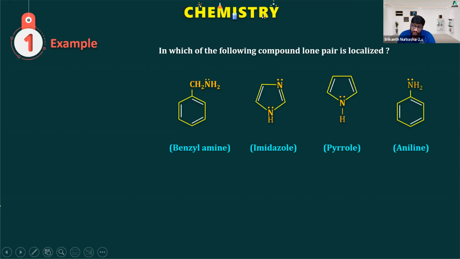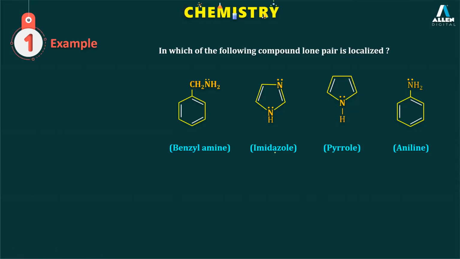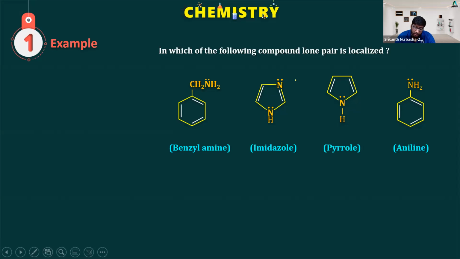Imidazole has 2 nitrogens. Which nitrogen's lone pair is actually in localization and delocalization, that you have to think of. First, benzylamine. Is that localized or not? Check carefully, benzylamine.